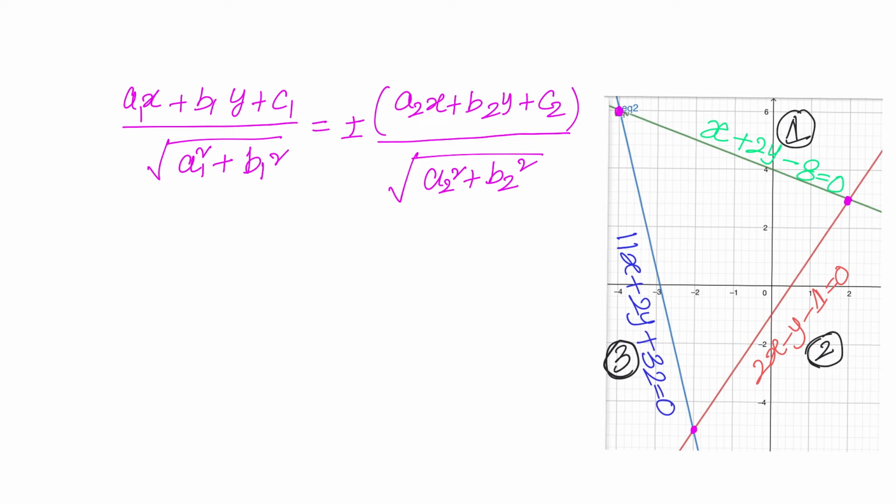We are using plus and minus because we will have two angular bisectors. Now let's go ahead and do that.